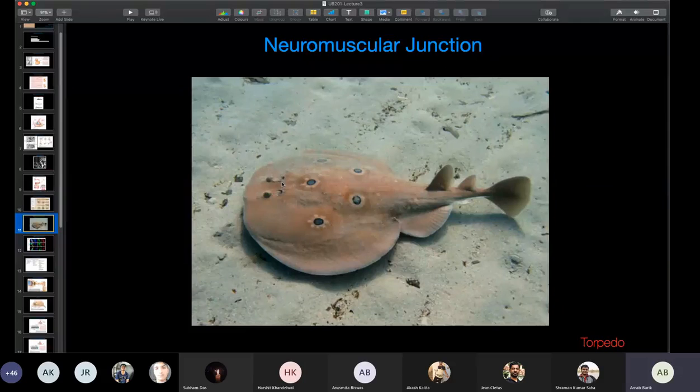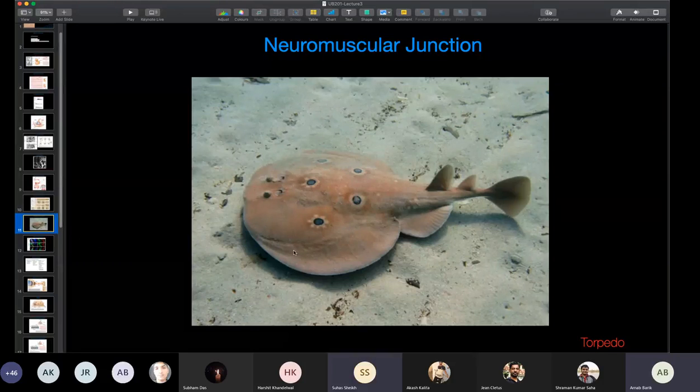So they can give you electric shocks, because they have so much neuromuscular junction concentrated there, so much potential is built up on it, that they can discharge the electrical charge whenever they want, and they can decapacitate or attack the fish, human.